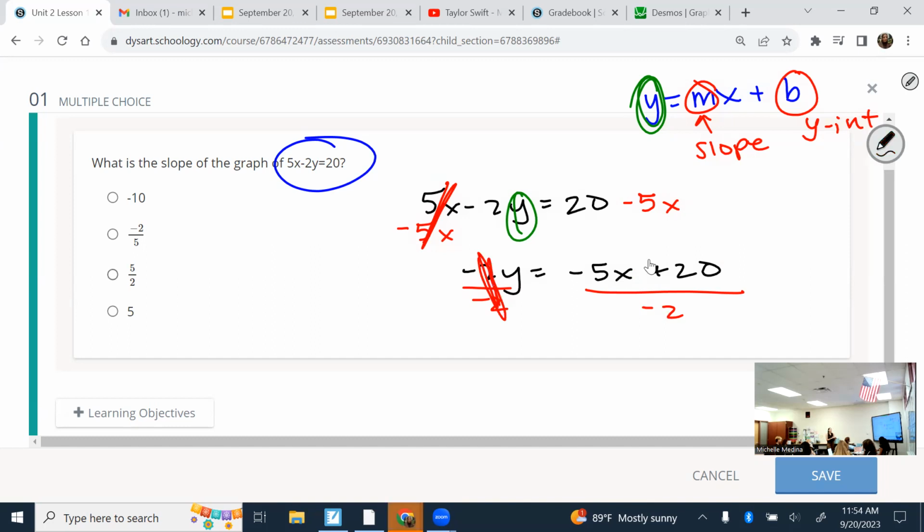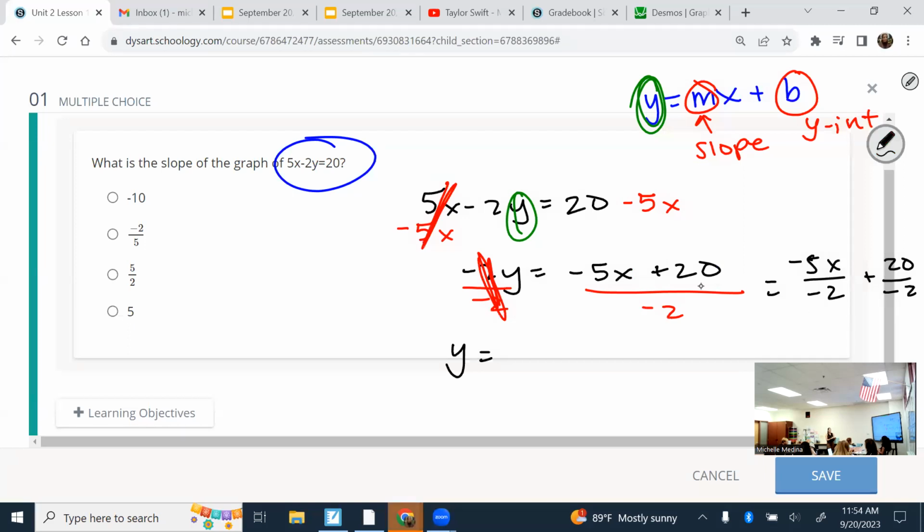And then on the right side, that's kind of like our warm-up. You have to remember to make sure you divide each term by the denominator. So if it helps to write it separately, go ahead. But what happens to the double negative?